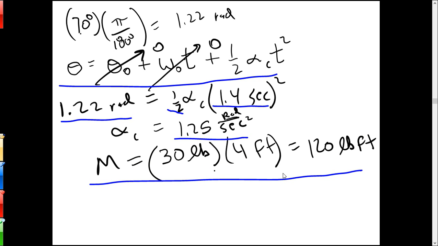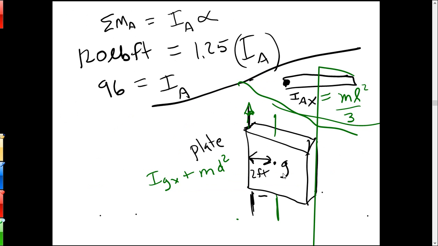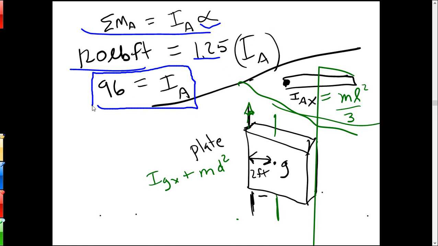All right, let's have a look at finding the moment of inertia. So to accomplish that, what you're going to do is take moments about A and set that equal to IA alpha. Because we got the moment and we got alpha, you can just back in and find what IA is.